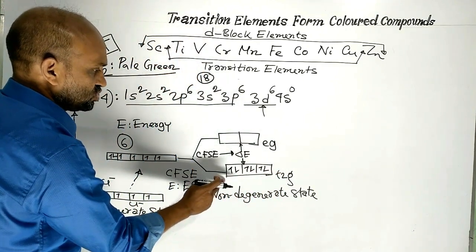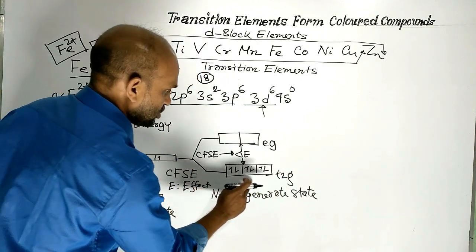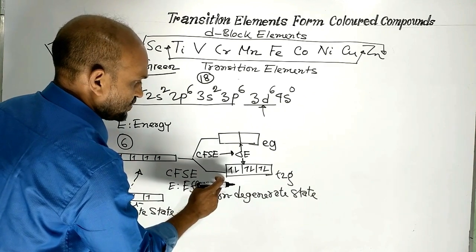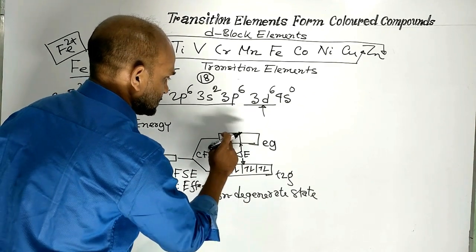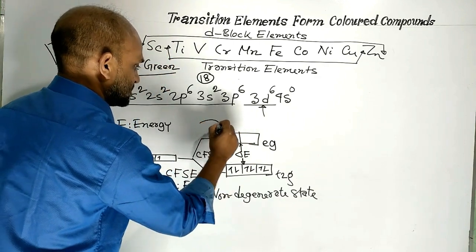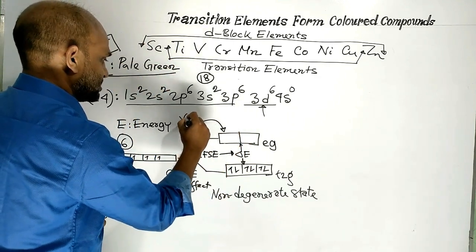So now we observe that these 3 orbitals are filled with 6 electrons, but these higher orbitals are vacant.